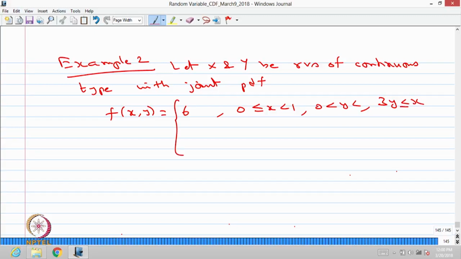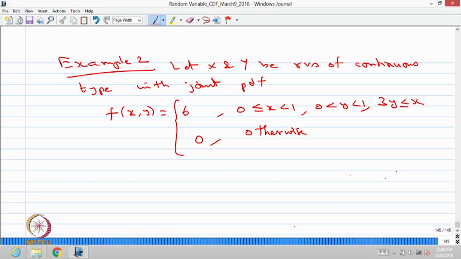So the joint probability density function is 6 when x lies between 0 to 1, y lies between 0 to 1, and 3y is less than or equal to x, 0 otherwise. Before we proceed with the problem, we can always verify whether this is a correct joint probability density function.